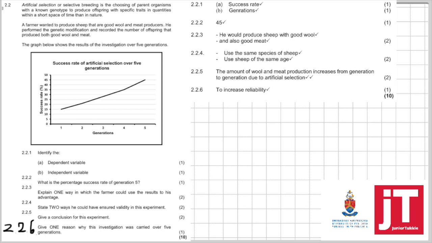The graph below shows the results of the investigation over 5 generations. So there you have the success rate in percentage against generations, the success rate of artificial selection over 5 generations. So 2.2.1, identify the dependent variable. So the dependent variable, as you can see, is of course success rate.